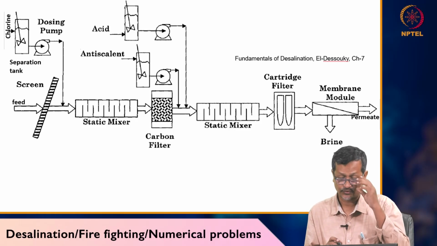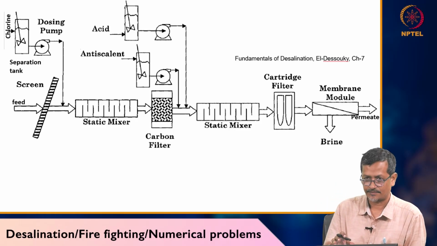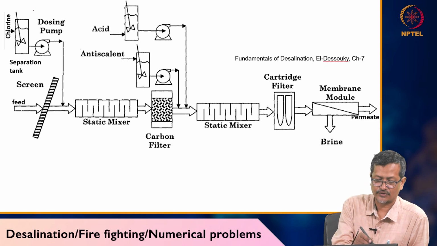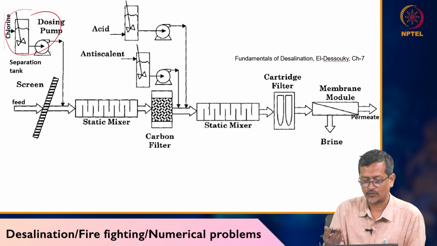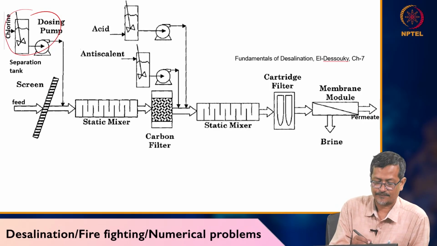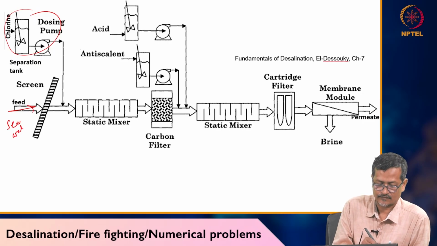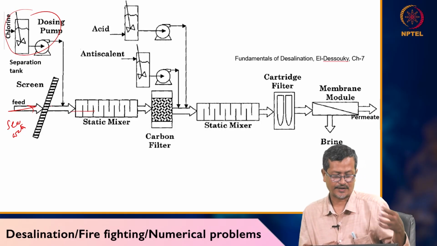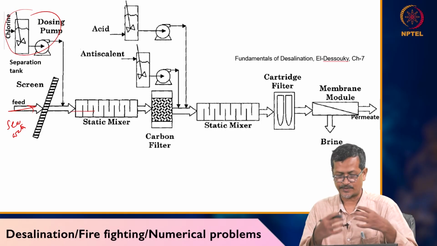Now how does the whole RO based system work? An RO based system has a chlorine dosing pump, where you add chlorine to remove a certain amount of contaminants. Feed seawater comes from here and goes through a mixer, because you are adding chlorine and mixing it with the seawater.